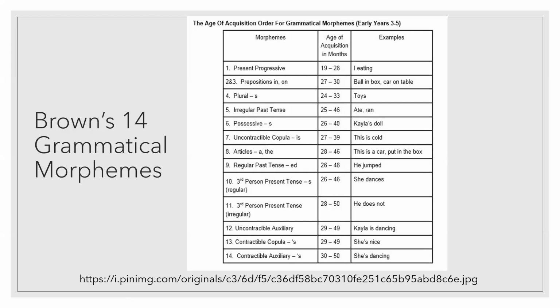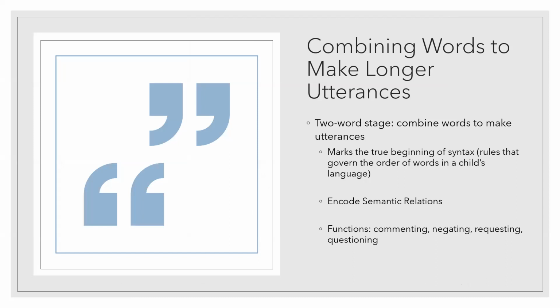All right, so when we start caring about MLU is when children get to the two-word stage. So the two-word stage is generally after a child has 50 words that they can consistently use.